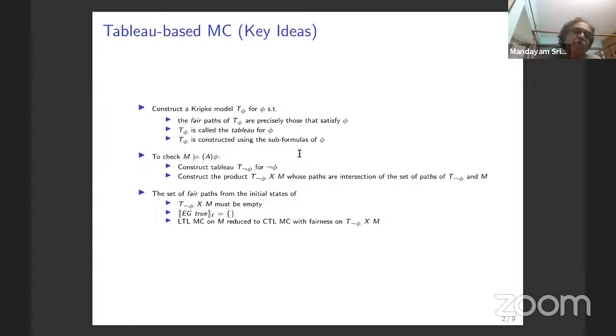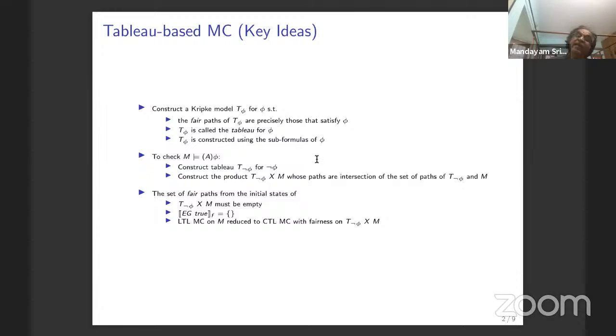After all, a transition system is like an automaton, since it has runs and so on. It's just that there is no acceptance condition there. But the fairness condition can, in some sense, be considered as an acceptance condition.